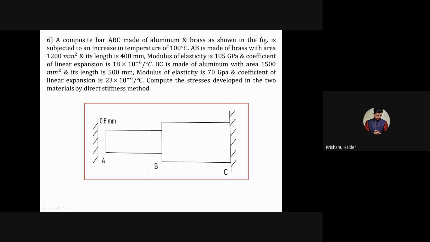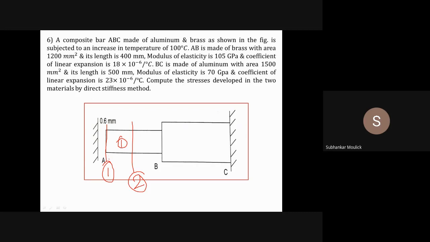Sir, the extraction of that material should be up to 0.6 mm. Yes, sir. That means I can say that if this is my element number 1, definitely this will be my node 1, this will be my node 2. If you see the left hand side, there is a gap of 0.6 mm from the left fixed support till nodal point 1.